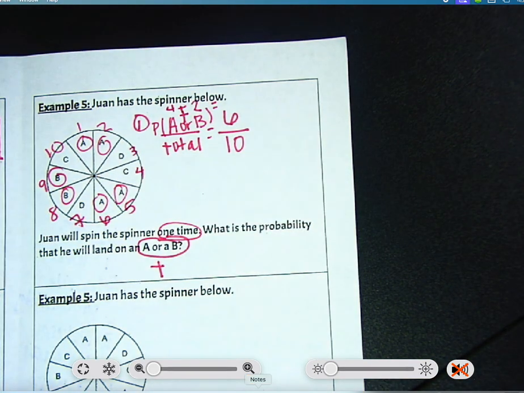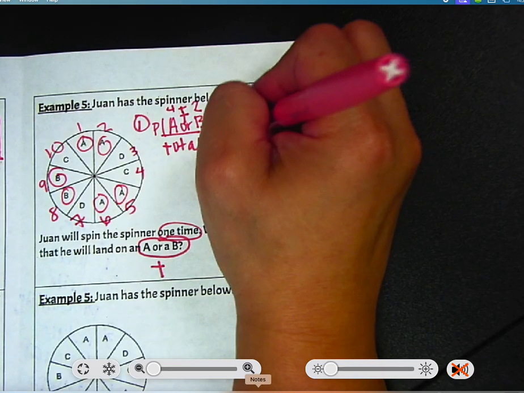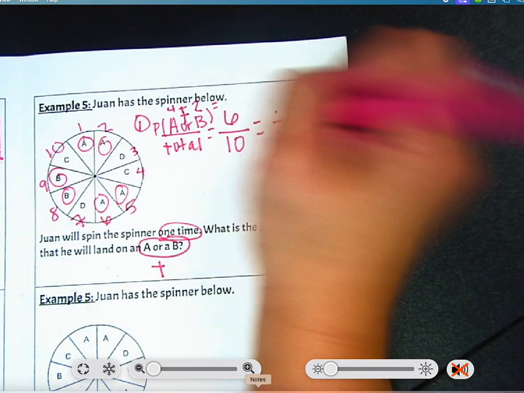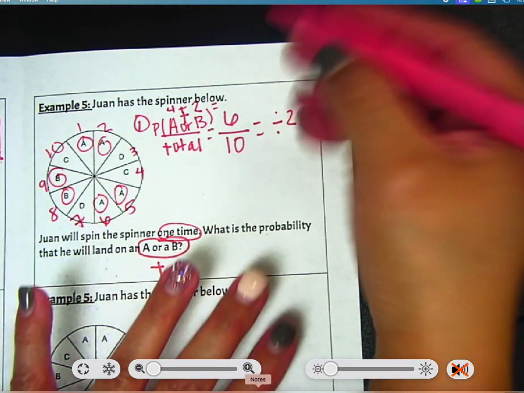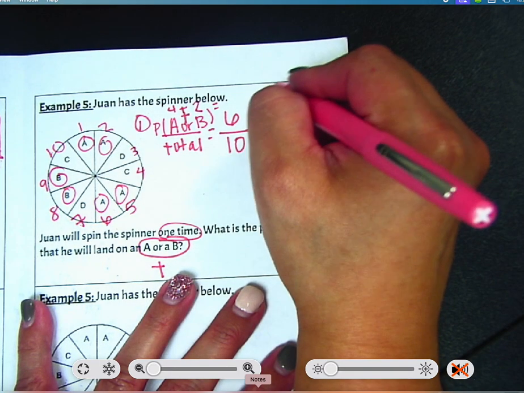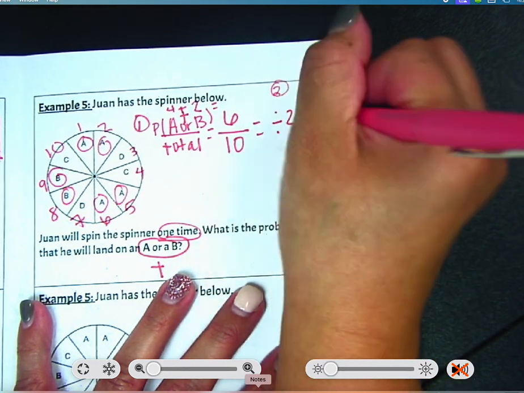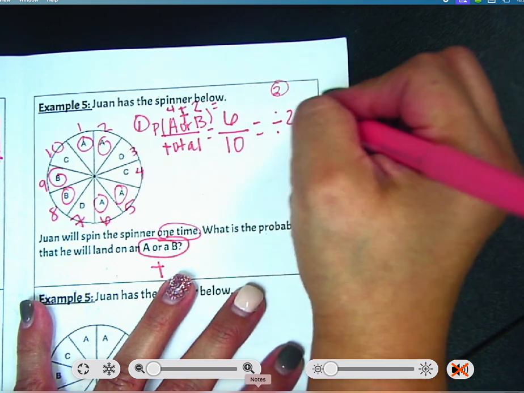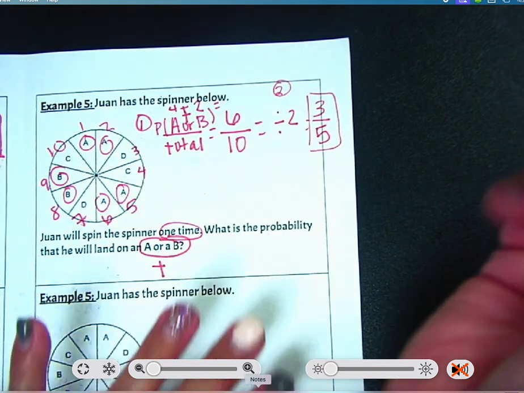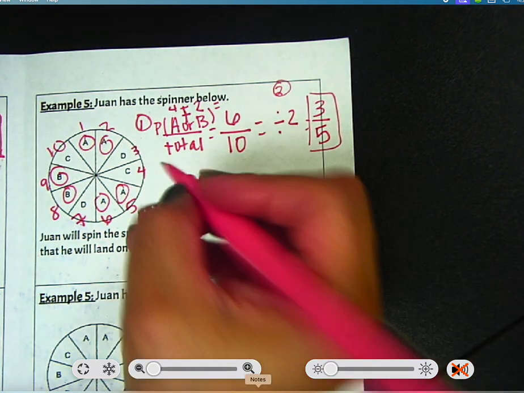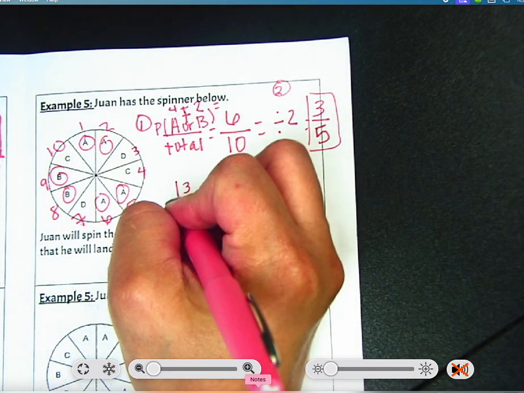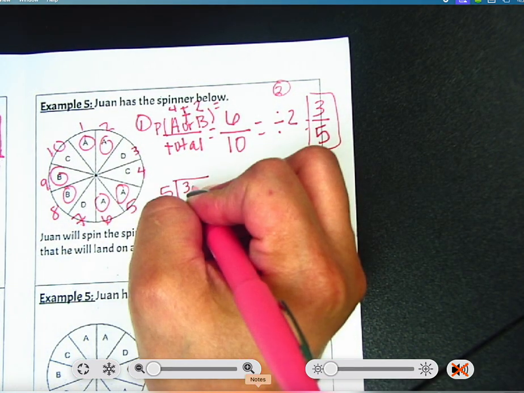Okay, now in this case, I can simplify. I know that both of these numbers are divisible by 2, so I'm going to go ahead and simplify. This is step 2. 6 divided by 2 is 3. 10 divided by 2 is 5. Okay, now you have to convert it into a decimal. So 3 divided by 5.